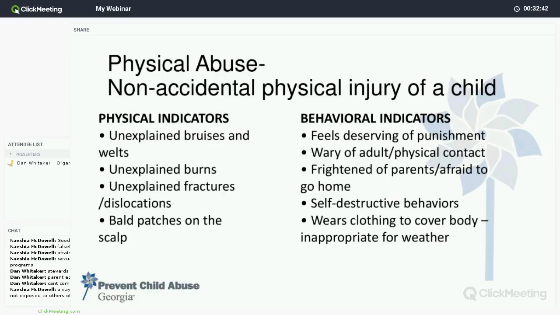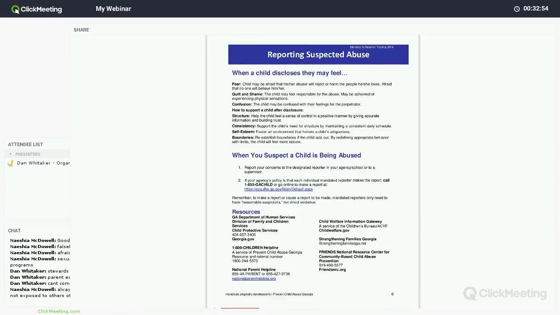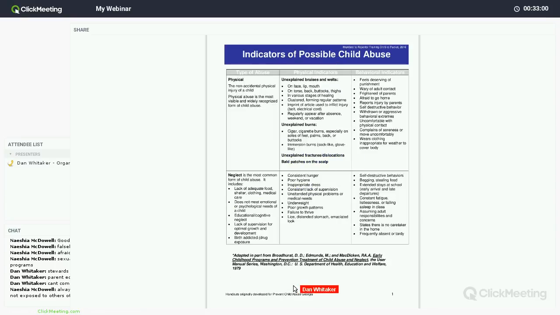And I just wanted to reiterate that you all have handouts today. So I'm going to go into the 4 different types of abuse, give some physical indicators and behavioral indicators as well. Some of them I might skim over a little bit more, but I wanted to refer you back to your handout. So here on the handout, the first couple pages reiterate all of this for you.